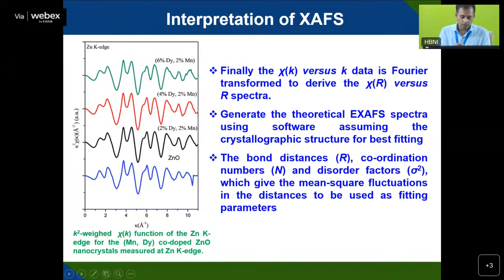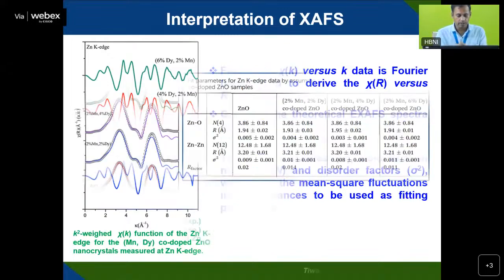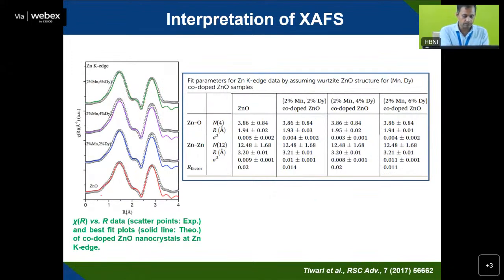From this you can find out the bond length, bond distance R, coordination number N, and disorder factor. All those parameters you can identify. Here you can see the ZnO structure, and this is manganese doped ZnO and dysprosium doped ZnO. Because of the doping, the spectra change, and from that you can find the bond length. For ZnO the distance is 3.84 angstrom.